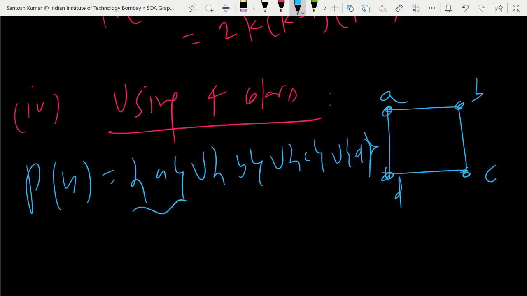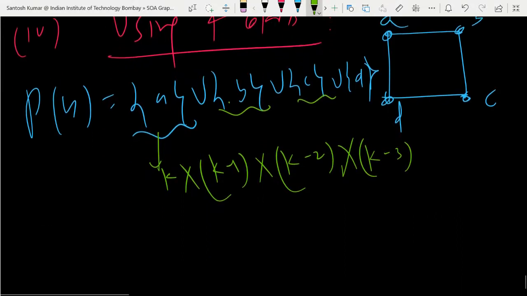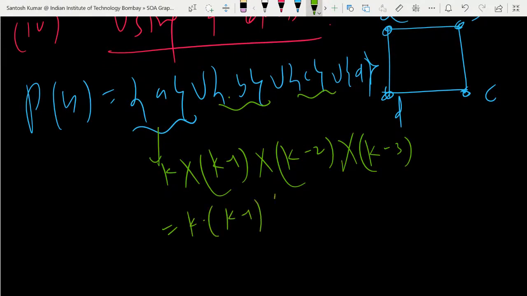So again you can count it. For A you have K choices, for B you have K minus 1 choices, for C you have K minus 2 choices. Multiplying because all vertices we have to color, and we have to color D also, so D has K minus 3 choices. So if you write it a better way, K, K minus 1, K minus 2, K minus 3.